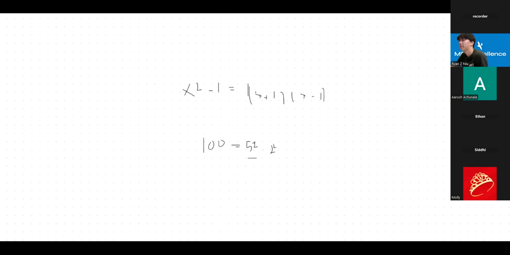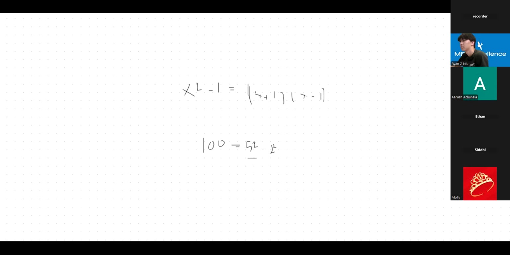But here's the thing: x plus 1 and x minus 1 can't both be multiples of 5 at the same time. So we have to have one of the two do all the work. We can just have x plus 1 be an even multiple of 5 squared, which is 50 at least.